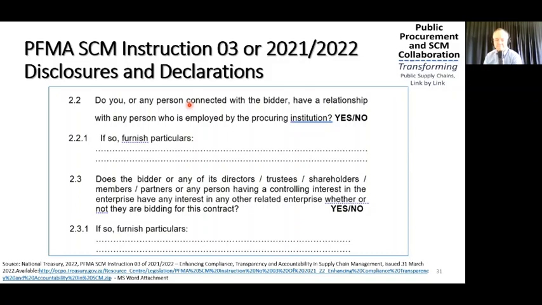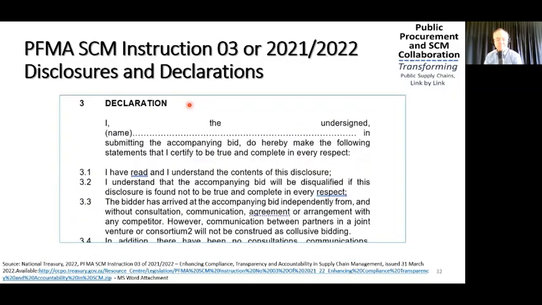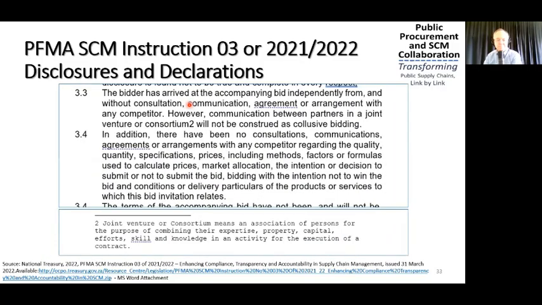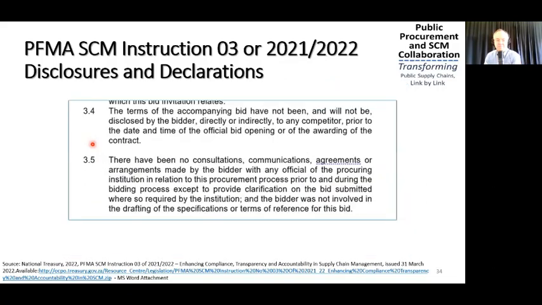Now my interest was further down on 3.4, the first 3.4 paragraph, which was saying there is no communication with any competitor. But I was thinking of also having another one which will talk about any communication or agreement with an employee of the institution, where you declare that. It's not here.